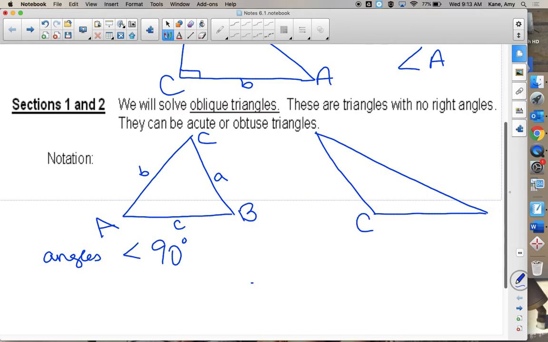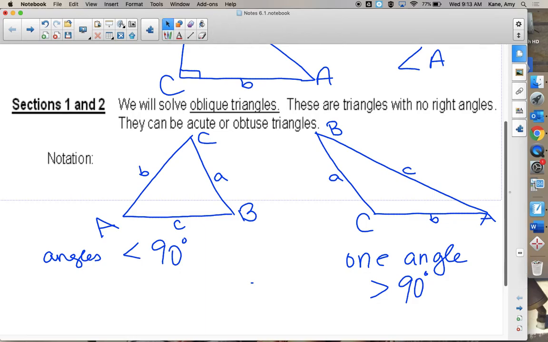I'm just going to label that with the C, and then the A and the B can be in either location. So obtuse has one angle that is greater than 90 degrees.